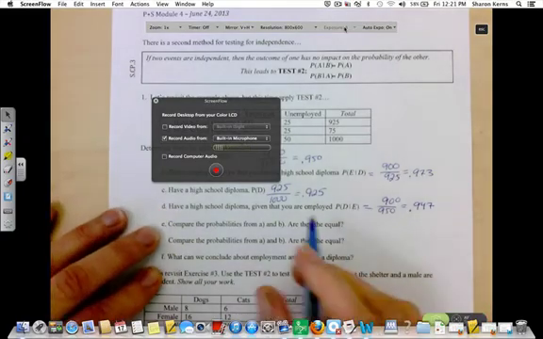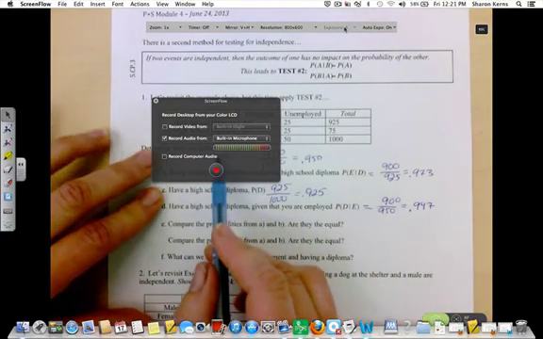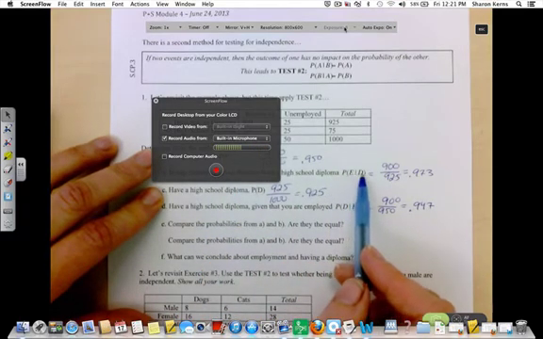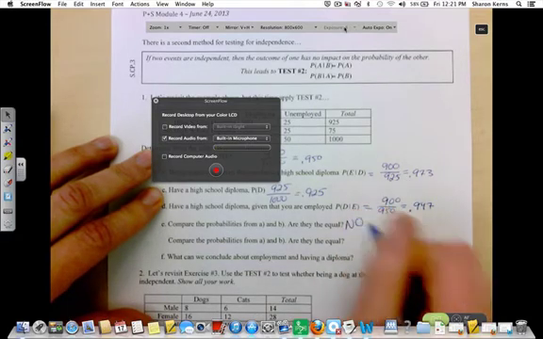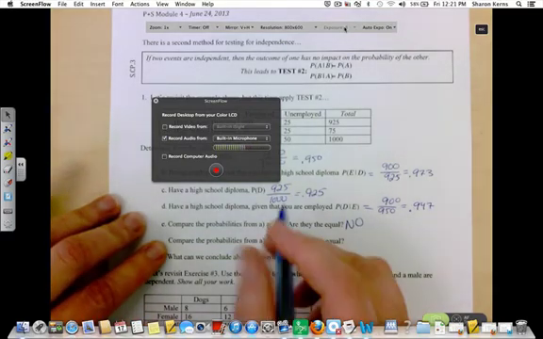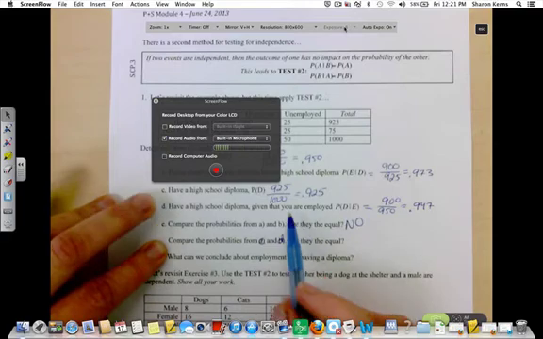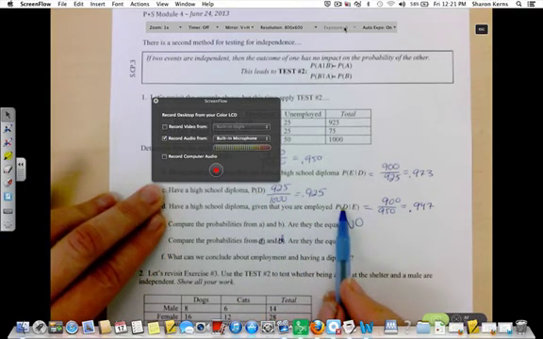So let's see, compare the probabilities from parts A and B. Are they equal? So is the probability of being employed and the probability of being employed given that they have a diploma equal? Those probabilities are not equal. How about compare the probabilities from parts C and D? The probability that you have a high school diploma and the probability you have a high school diploma given that you're employed are not equal to each other.